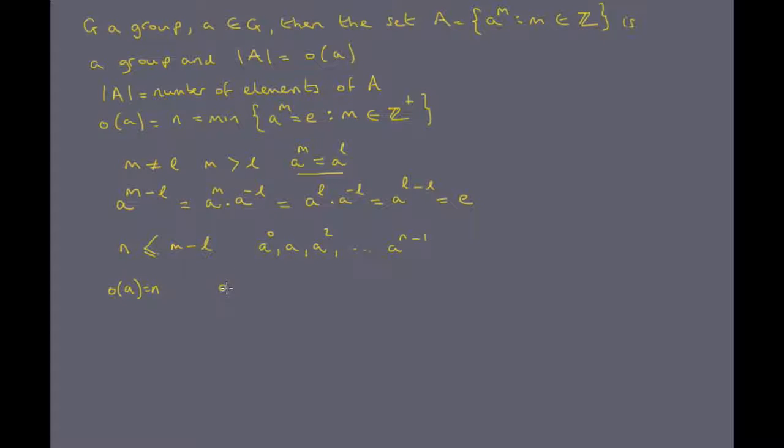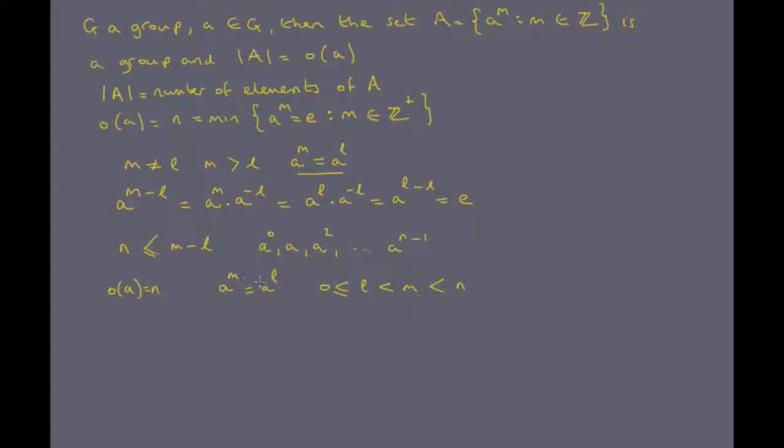So we'll say that a to the m equals a to the l, with l greater than or equal to 0, m greater than l, and m less than n. So l and m are integers between 0 and n minus 1.